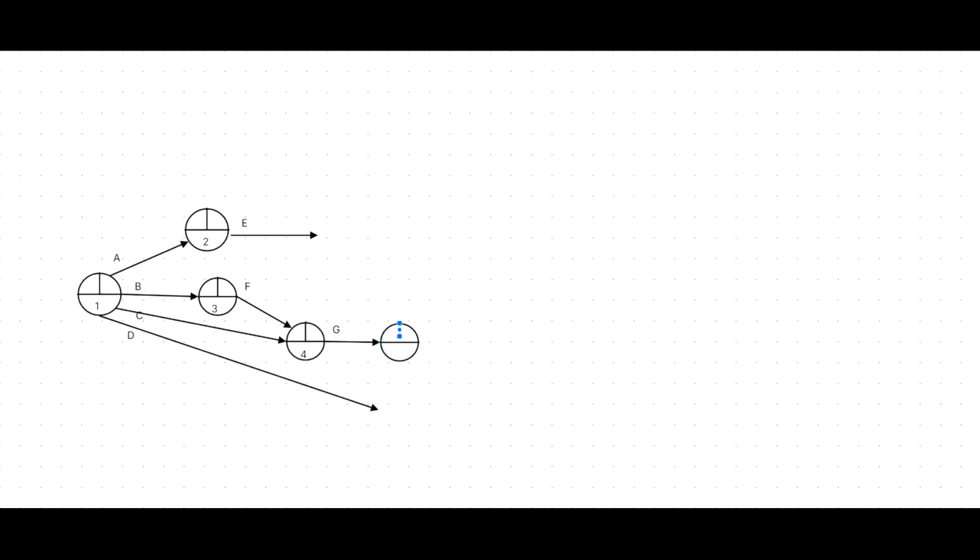After the fifth event, then use the dummy to start, to complete EG. Dummy number 1.